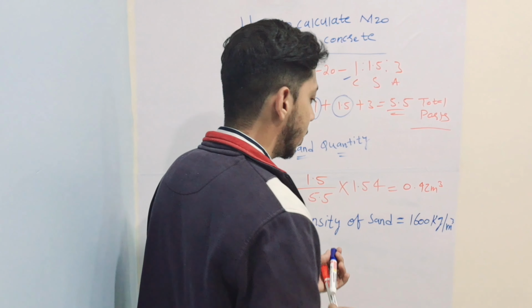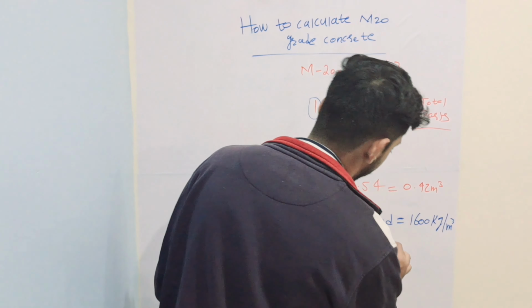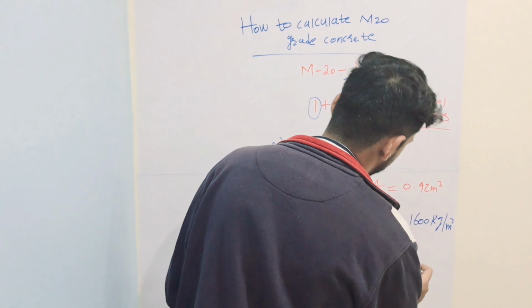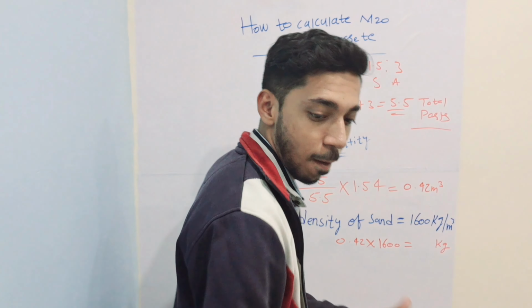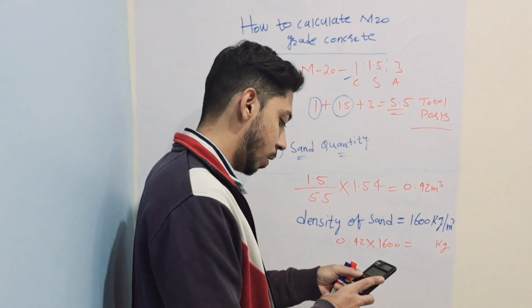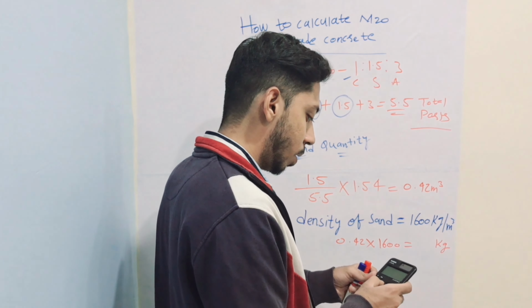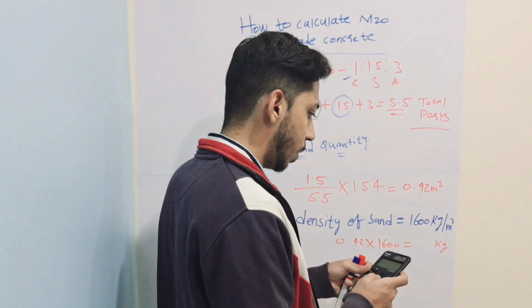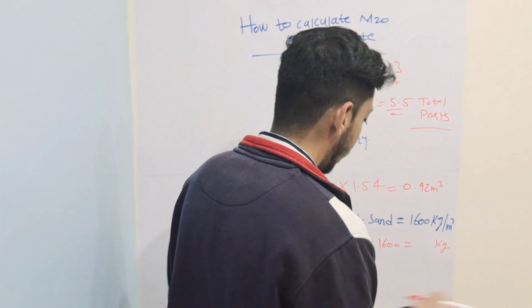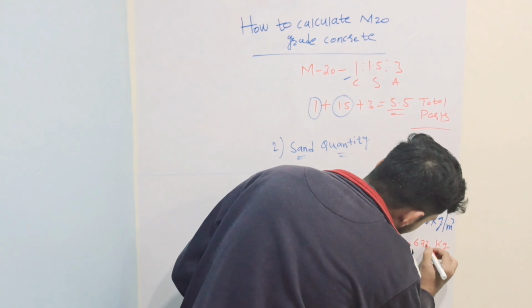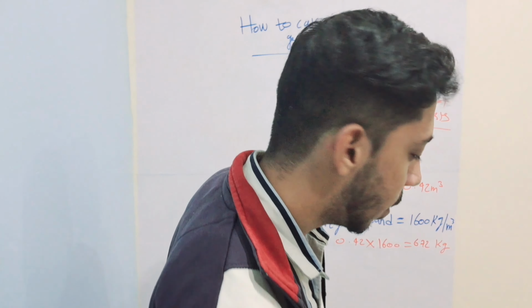For getting it in kgs, multiply 0.42 into 1600. I get the answer 672 kgs. So I got the quantity in kgs.